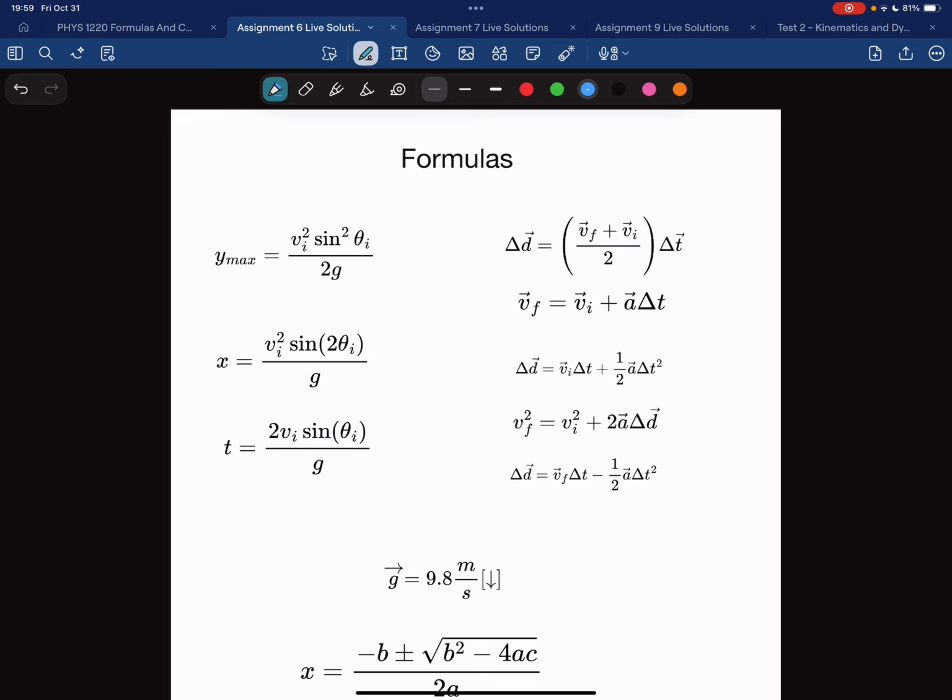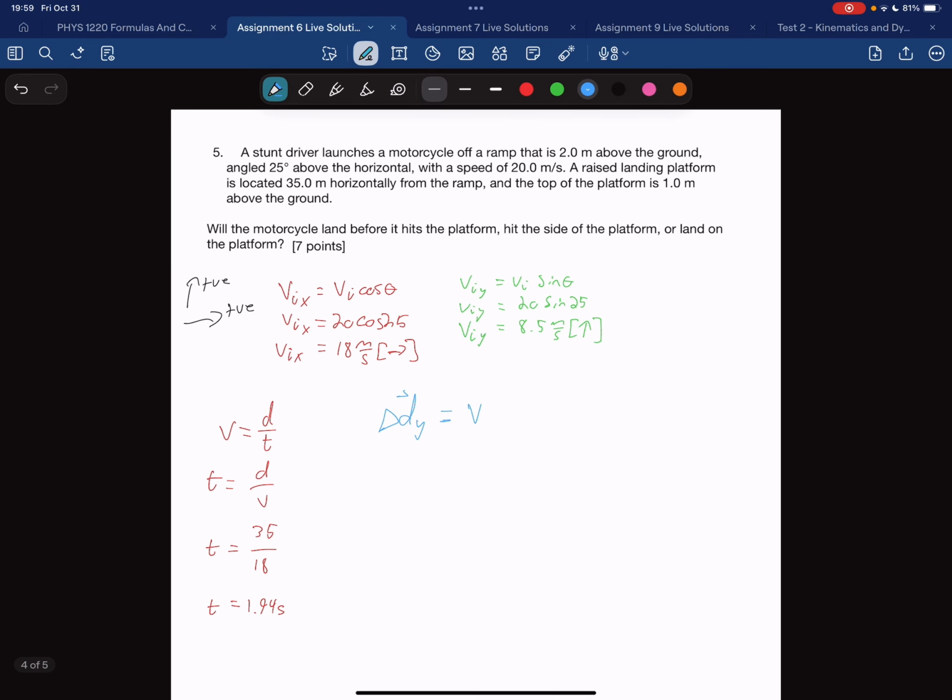I'm going to use the one with initial velocity, because I have my initial velocity in the y direction, I already calculated it. It's in green up there. I know time. I just calculated that. I know my acceleration in the y direction. That's just acceleration due to gravity. So we have everything we need.